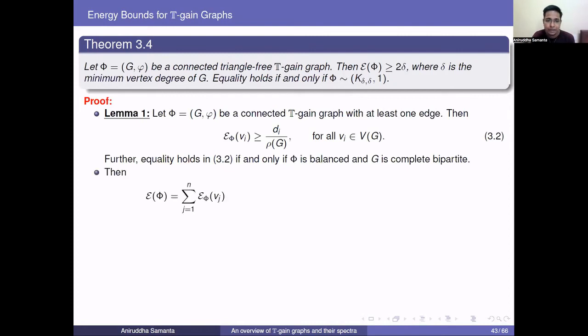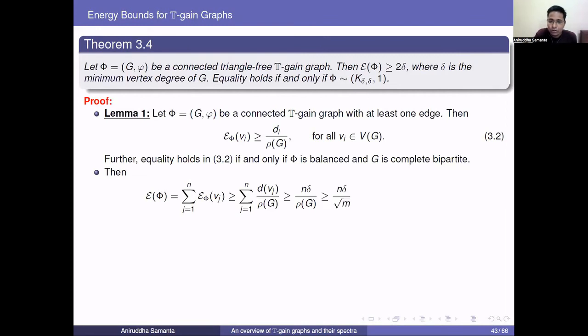Well, now, as we know, the energy of a T-gain graph phi can be represented as the sum of its vertex energies. From the above result, this is greater than or equal to the sum of the degrees of the vertices v_j divided by the spectral radius of G, which is again greater than or equal to n times the smallest vertex degree divided by rho.